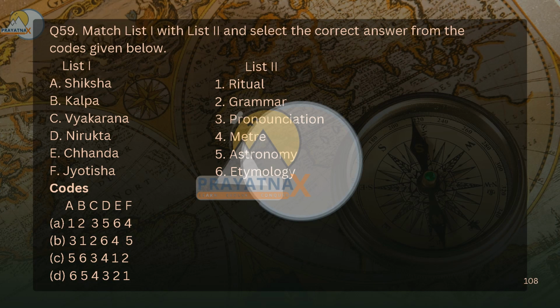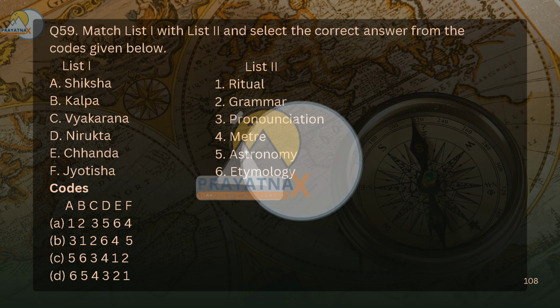So moving on to the next question, and this is the final question of this particular lecture. So you need to match the list 1 with list 2. Now this basically contains the 6 Vedangas. So I hope this now should be easy for you.